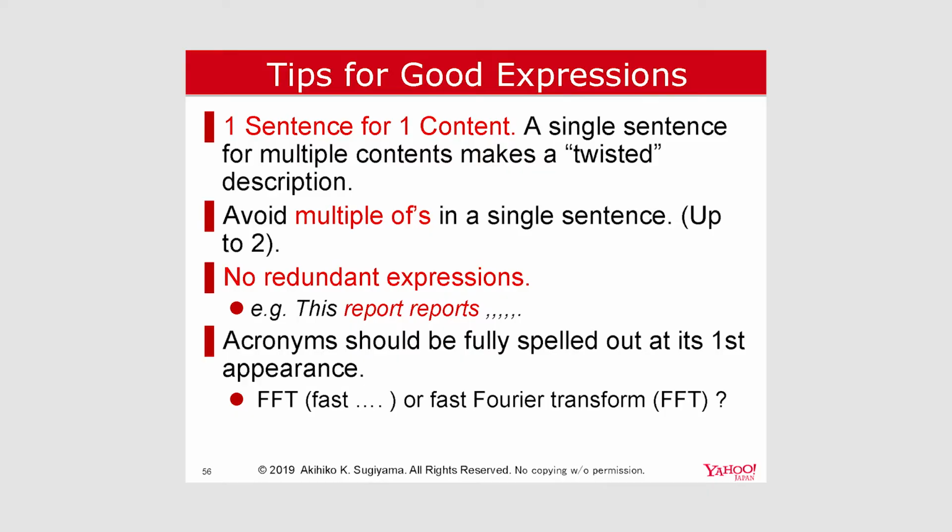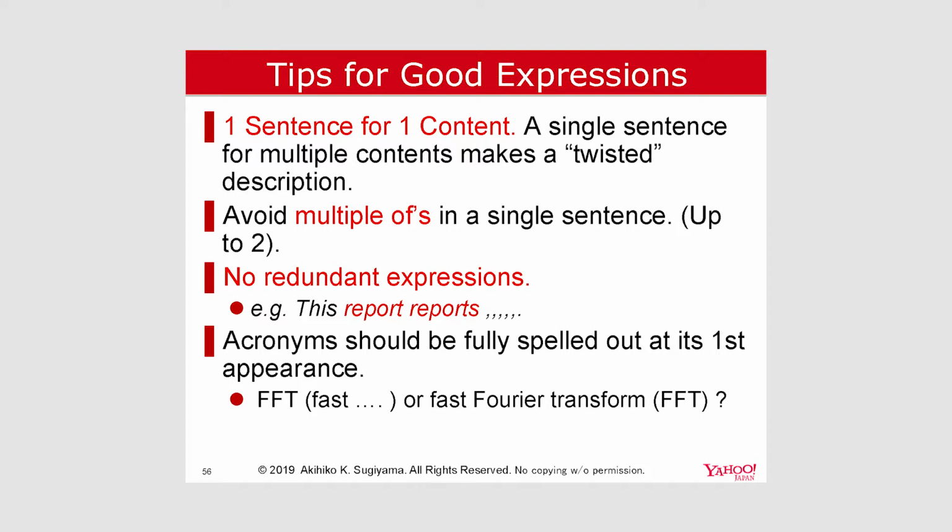Okay? And avoid redundant expressions. Sometimes we see this kind of expression like, "this reports," they come from the same root. So this is a kind of redundant expression, and you feel quite unnatural when you hear it or when you read it. All right?